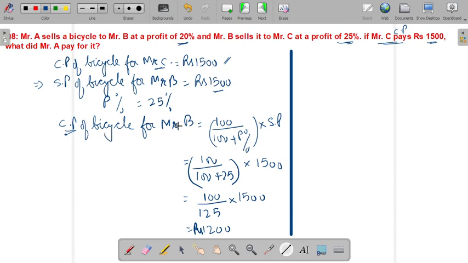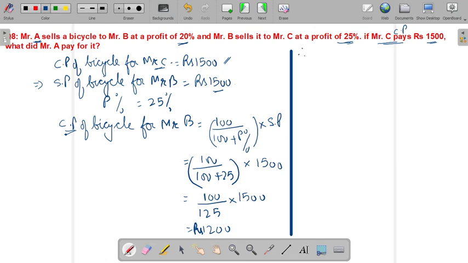Cost price of bicycle for Mr. B is 1200. So B purchased it for 1200 rupees and this will become the selling price for Mr. A. B is purchasing, so A is selling it for 1200 rupees.